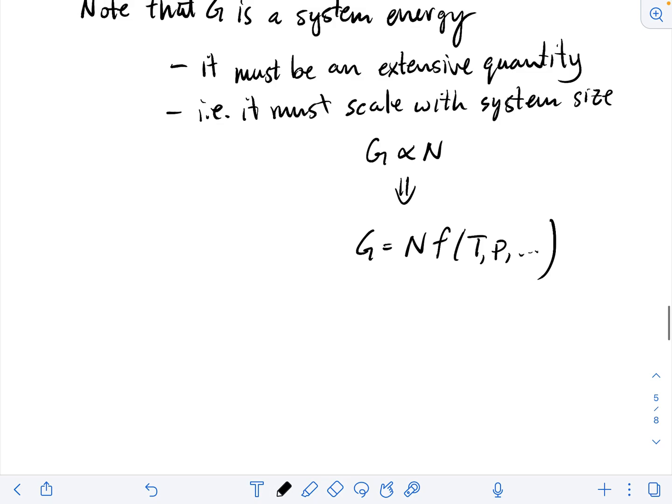So that means if I write down mu as the derivative of the Gibbs free energy with respect to particle number at constant temperature and pressure, then N only appears as a coefficient in front of f, so if I take that derivative, I just get f, whatever this function is.